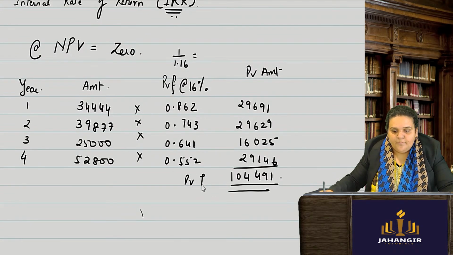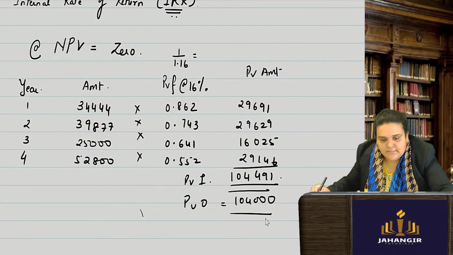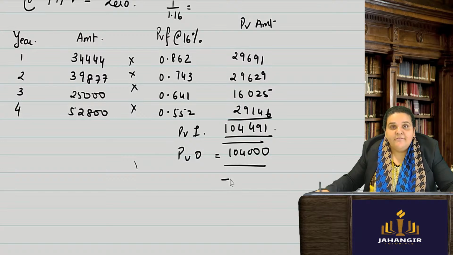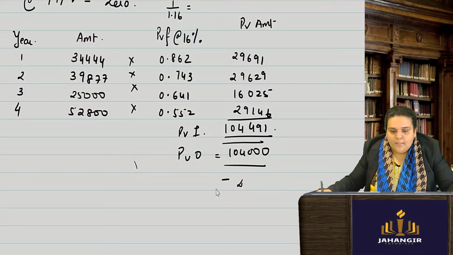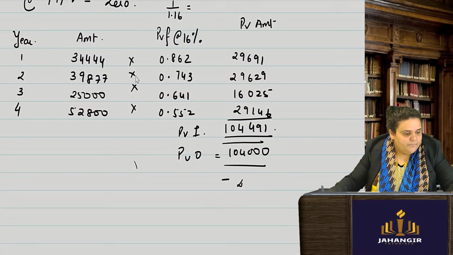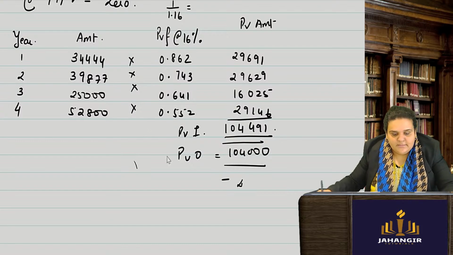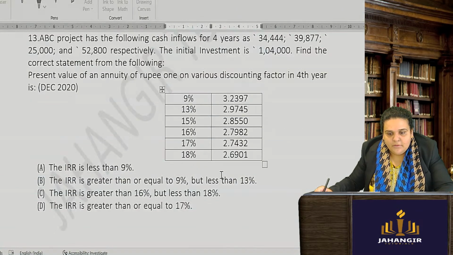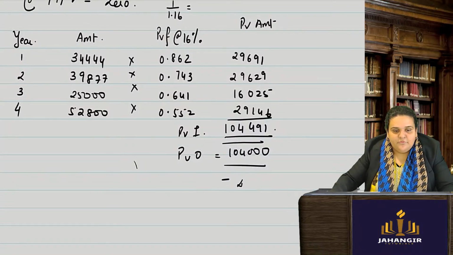My PV outflow is 1,04,000. Inflow minus outflow, right? So I have a positive NPV still, which is 4,491.